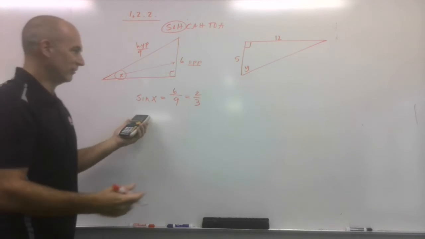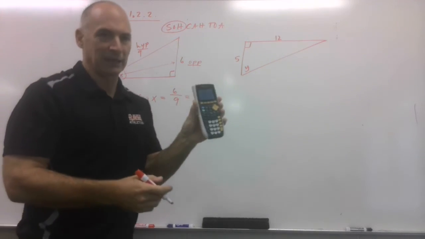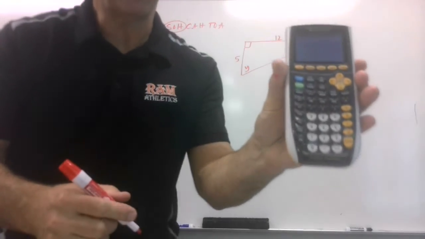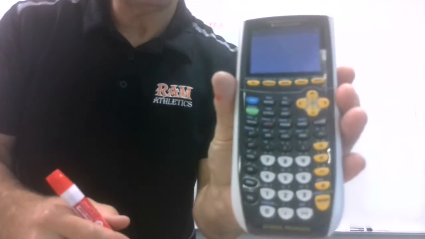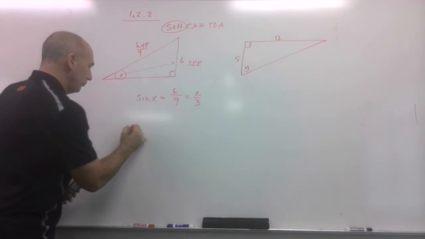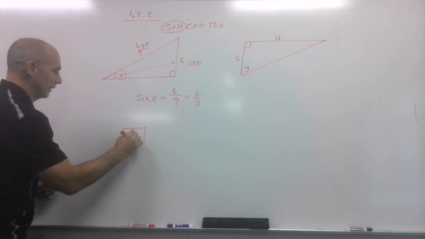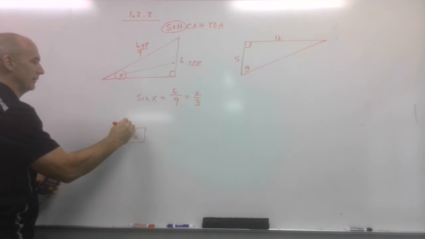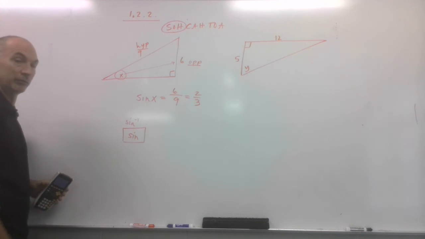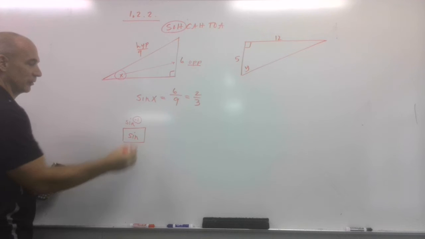So now, what does this inverse world have to do with anything? Well, if you take your calculator, I don't know if I can show it to you, but right above, you can't really see it, it's blurry. But I'll just tell you, there is a button on your calculator that says sine, and right above it is this symbol. Remember, this means inverse function.